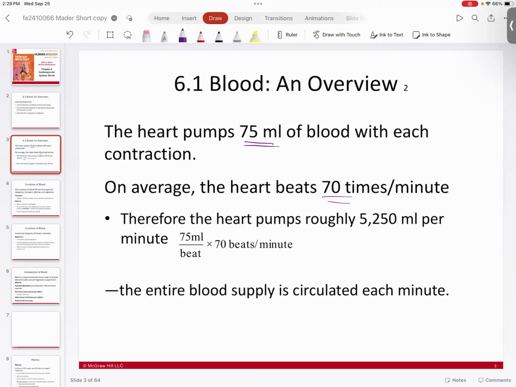Basically within 60 to 80 beats per minute is your average heart rate. And so when you take a look at a per minute load using these numbers, at 70 beats per minute, your heart will be pumping out roughly about 5.3 liters of blood.